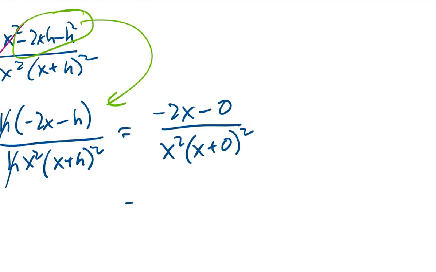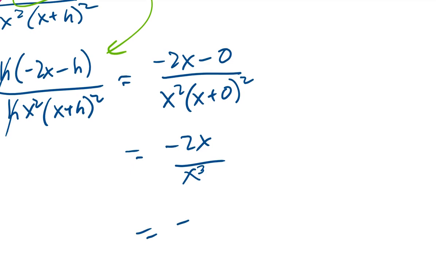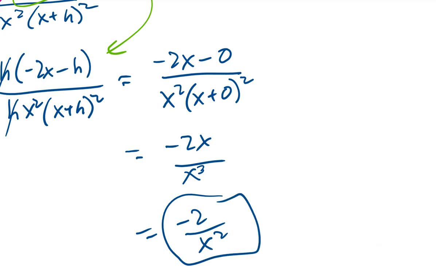When you figure this out, you get negative 2x over x cubed. One of the x's cancels, and you get negative 2 over x squared, and that's the answer. So it checks out.